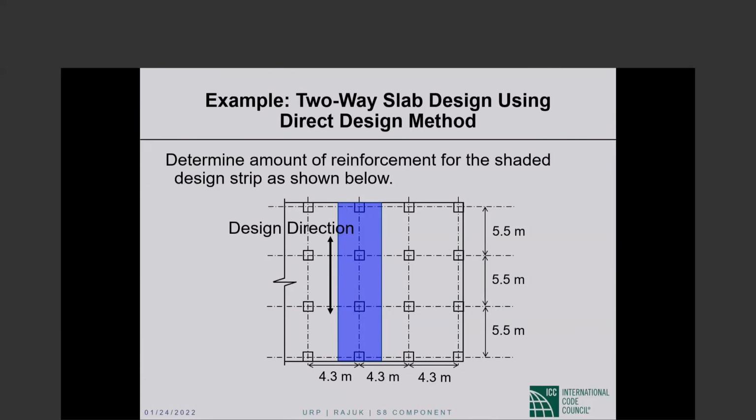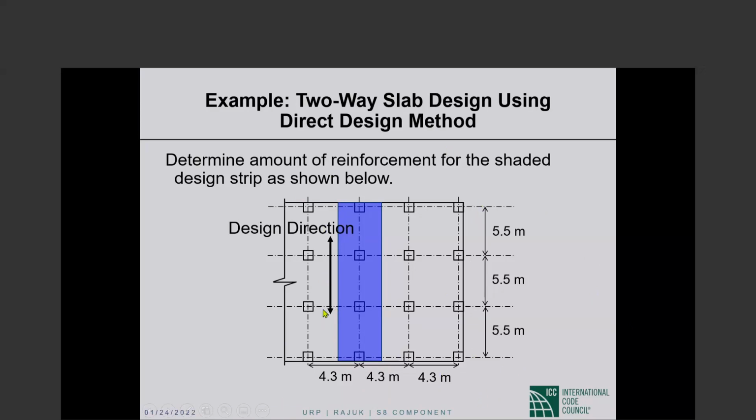So let us spend, I think I have 25 minutes before regulation time, let us spend real good quality attention on this example, which I think will drive things home. This is a slab column structure, 5.5 meter span in one direction, 4.3 meter span in the orthogonal direction.